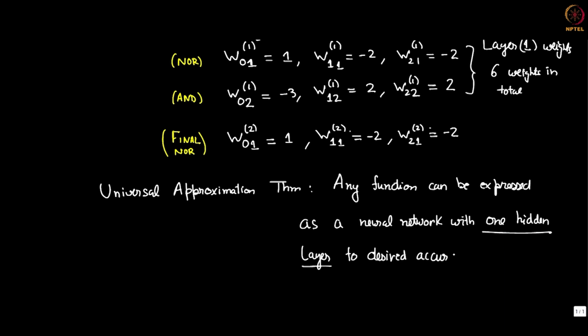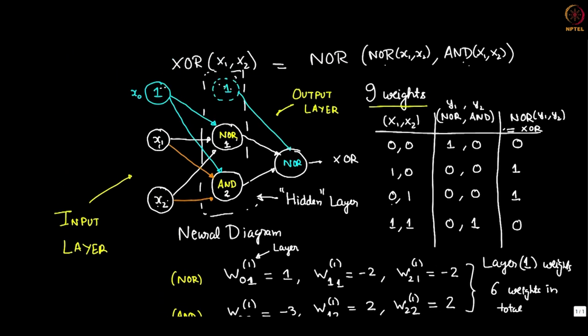So, if you pre-specify your accuracy, if you have a functional relationship that you would like to express and you want to say that to the accuracy of 10 power minus 6 I want this function to be approximated, it turns out that there exists, in mathematical language, one neural network which will do that with a simple one hidden layer. What is not given is how many neurons you will need in this hidden layer.